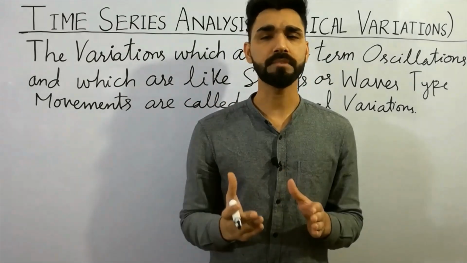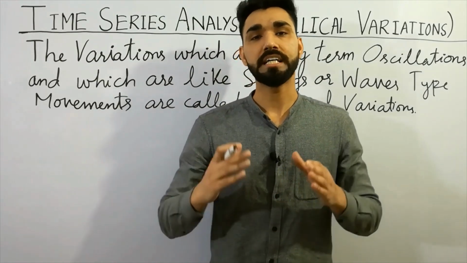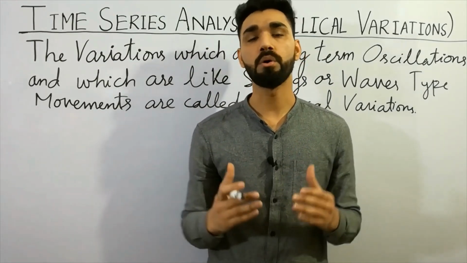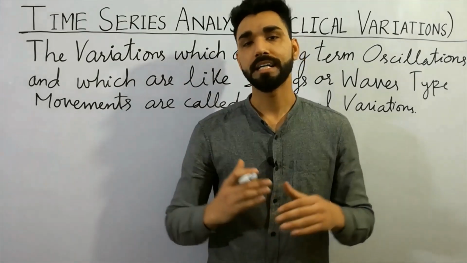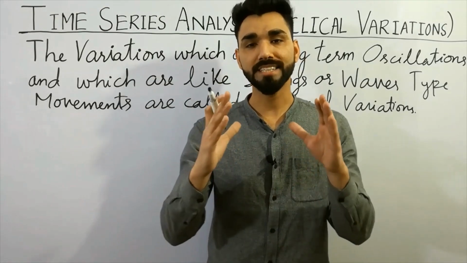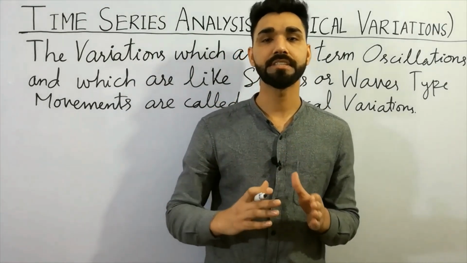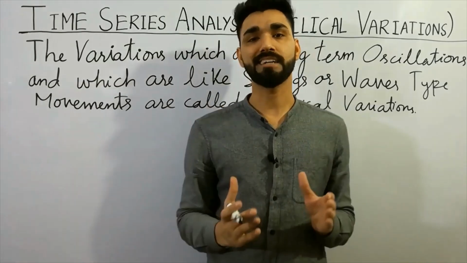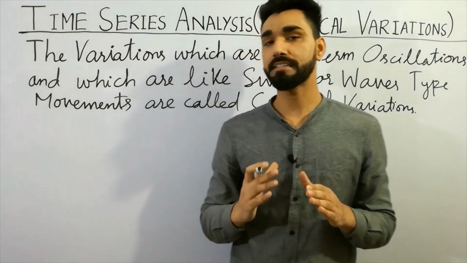And sometimes he gets depression because he gets less money, low and low money. And third, he gets recovery. So these stages, prosperity, depression and recovery, are called cyclic variation. I hope that you have cleared this example.